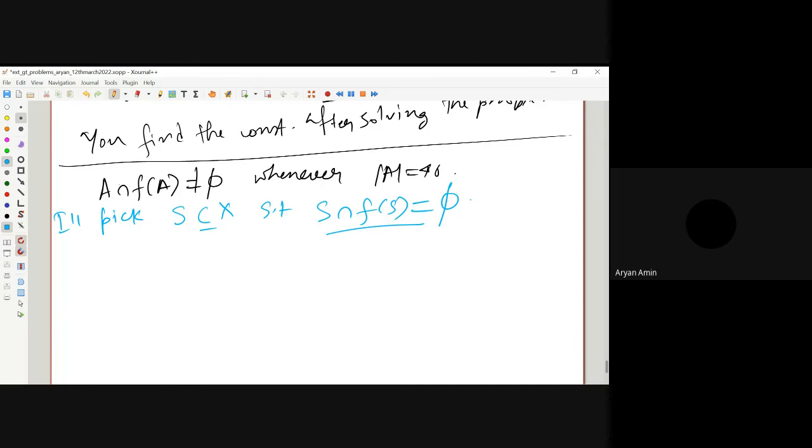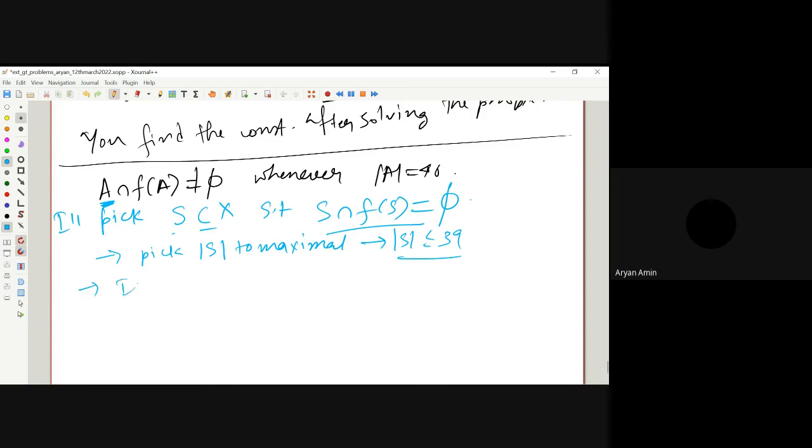We know that if S has size 40, then there must be an intersection, right? Also you will always be picking extremally, so you will pick the size of S to be maximal. This directly tells you that the size of S is at most 39, because if you hit 40, then you will have an intersection, right?